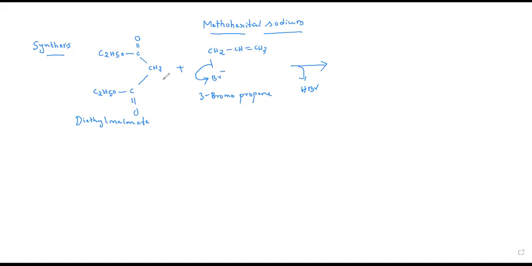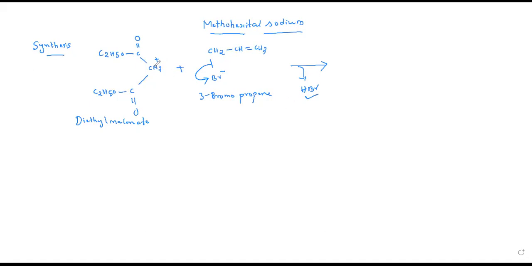Similarly, carbon and hydrogens are there here. When you compare the electronegativities, carbon will have slightly more electronegativity than hydrogen, so hydrogen gets a positive charge. So positively charged hydrogen and negatively charged bromine combine to liberate HBr as a byproduct.